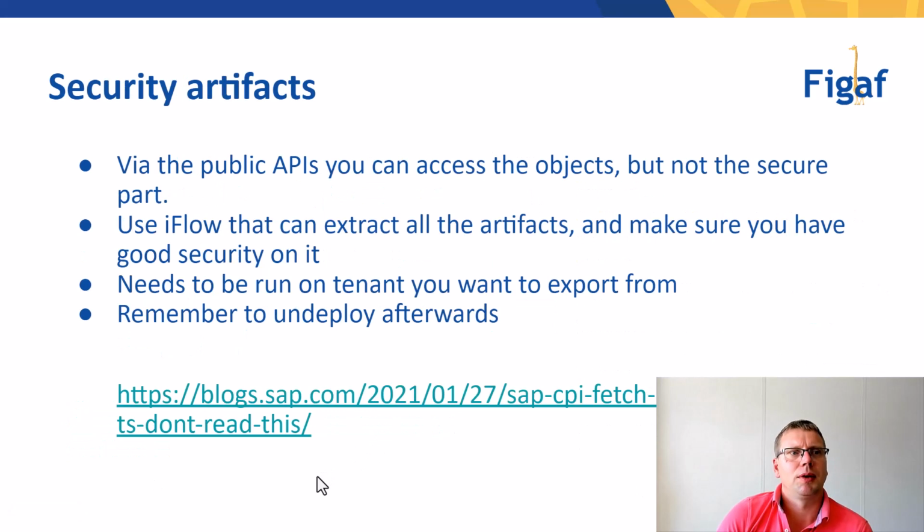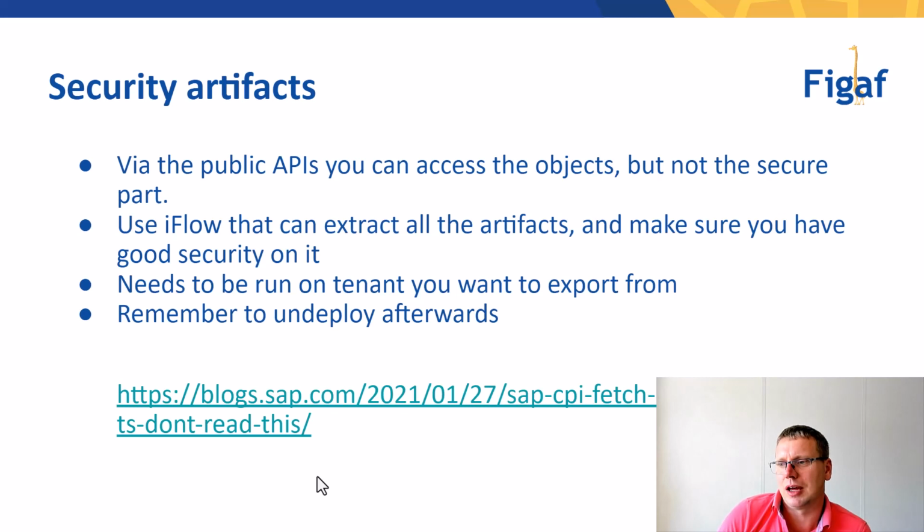There are also some other security artifacts, and here's a good blog that shows you an iFlow that can extract these things. The idea is that you deploy this on the Neo tenant you want all the passwords for. It's not really an ideal approach, but I guess it is the only real way to get these passwords exported.